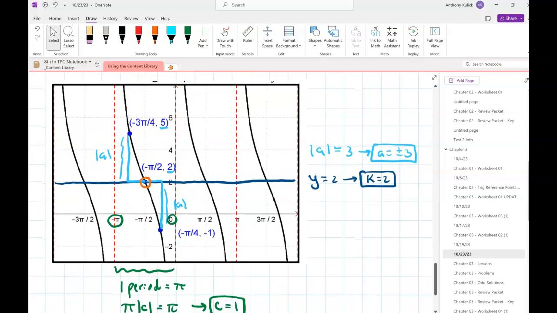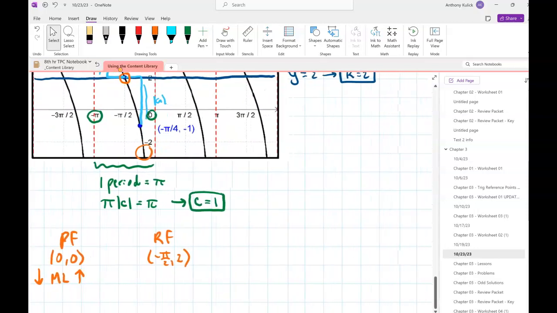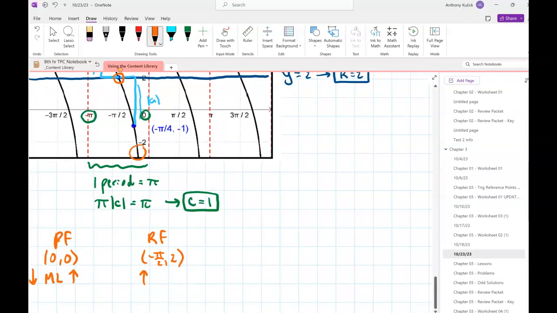And now before that point, which way is the graph pointing? It's pointing up, right? And after that midline point, the graph is pointing down. Is everybody good with how I just looked at the graph to see that?